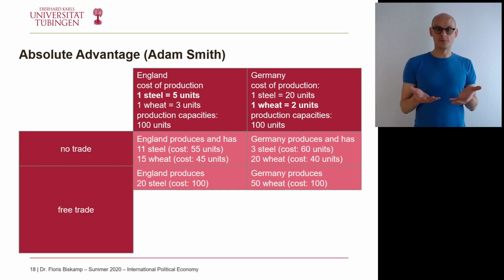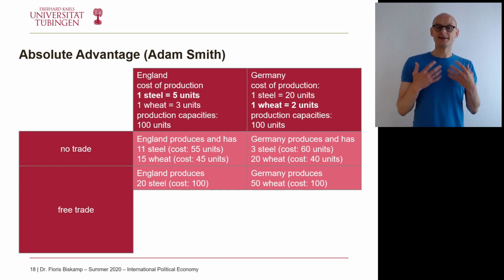Let's now think of free trade. Under free trade, they can make different decisions on production. The English can think, well, we are so good at producing steel because our steel production is much cheaper than steel production in Germany. However, we know that the Germans are much better at producing wheat than we are.